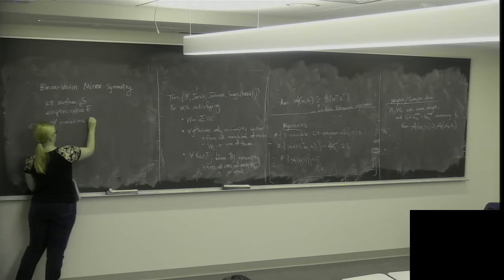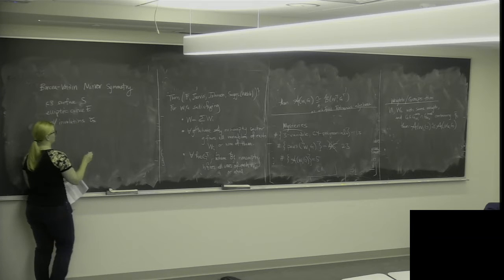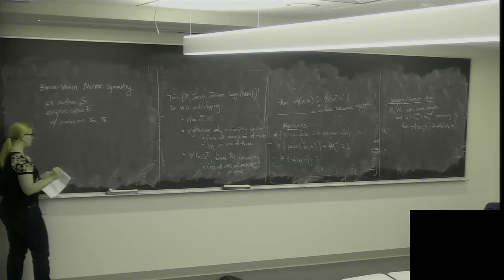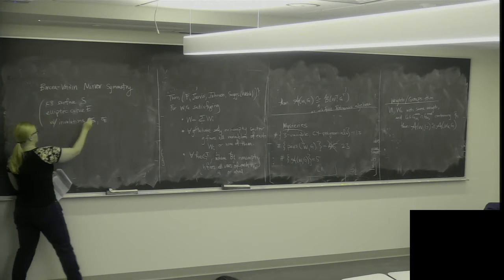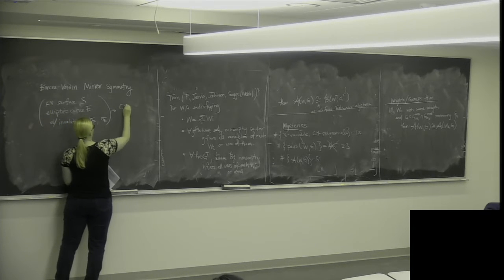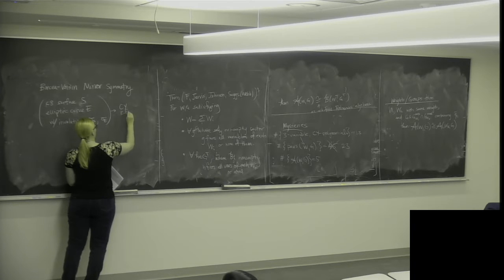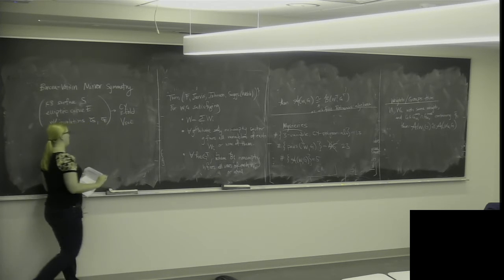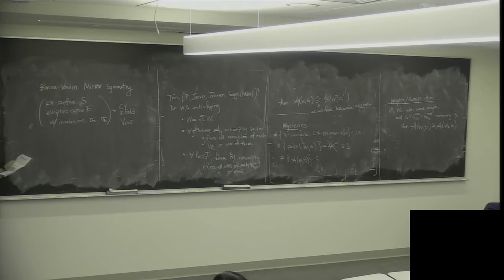We'll call them the involution on S and the involution on E. So we use this data to construct a Calabi-Yau threefold, which we will call V sub S cross E.